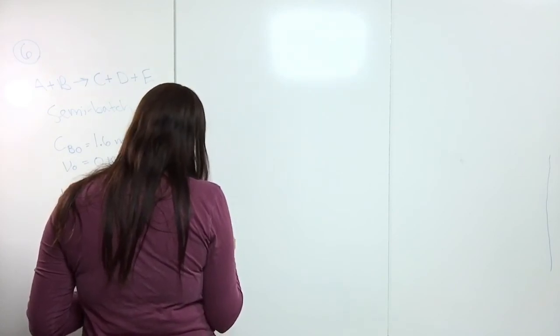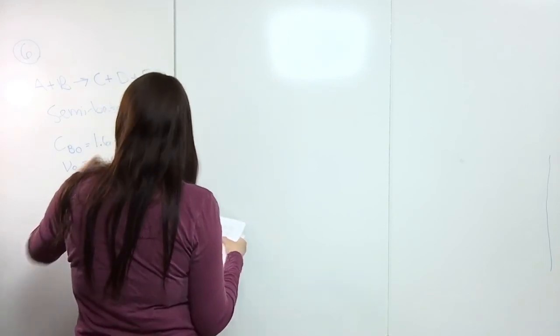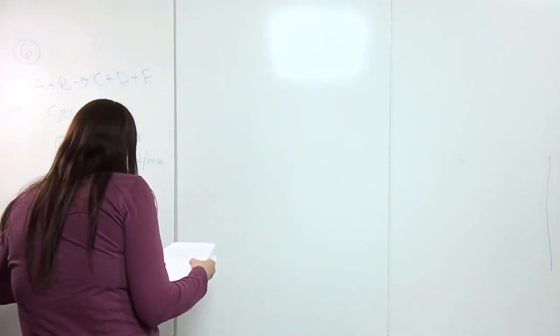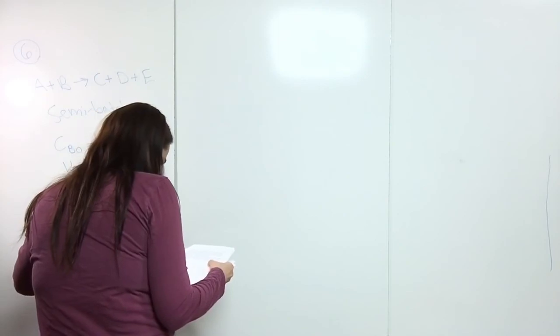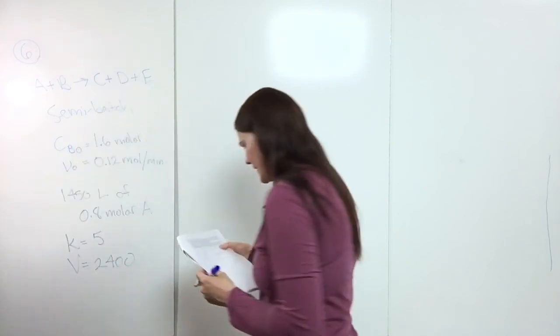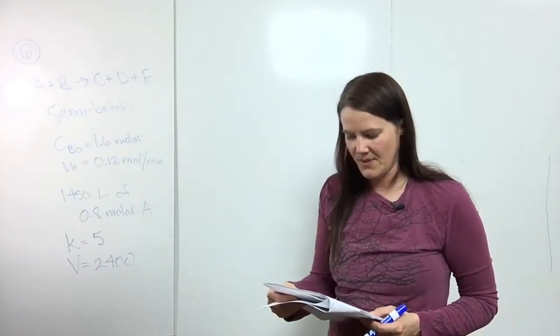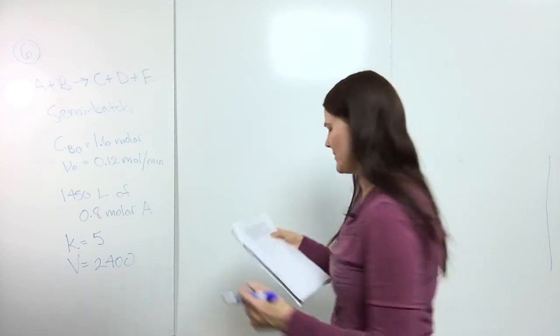And the reactor capacity is 2,400 liters, so V equals 2,400. And then it says write balances for all species and plot concentrations of all species as a function of time.